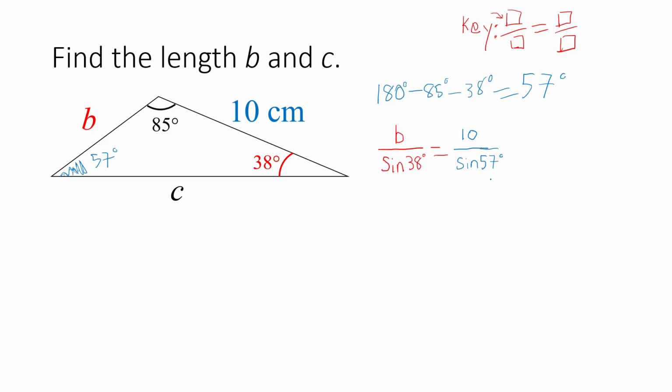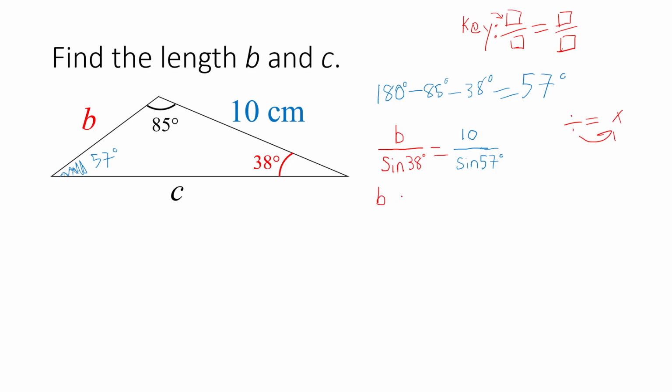And we are just one step away from solving this equation. What we have to do is actually quite simple. So over here is B divided by sine 38. When you divide, you move over the equal sign, it will become times.